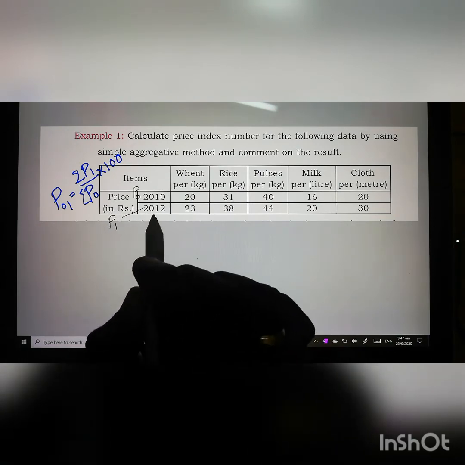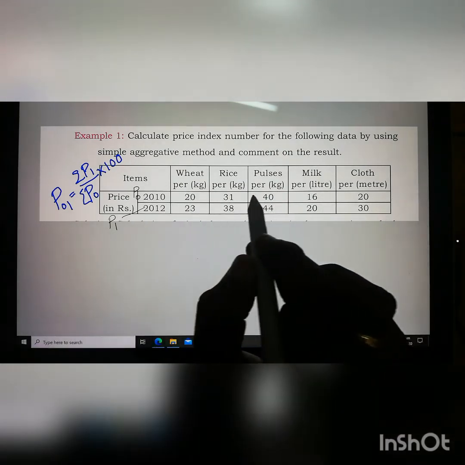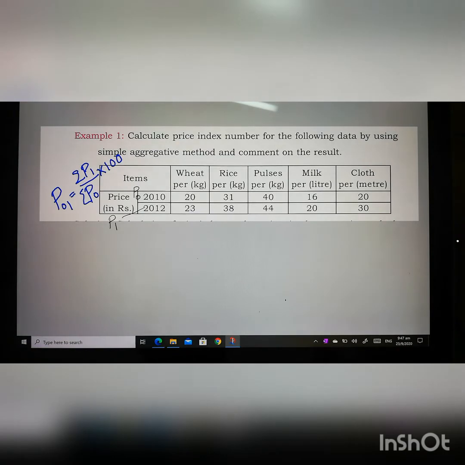Now what we need to do is add up all these. We need to add up all these P naught, and the total is 20 plus 31 plus 40 plus 16 plus 20. You get the total as 127, students.